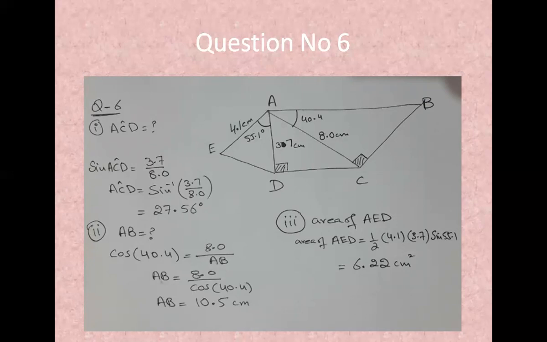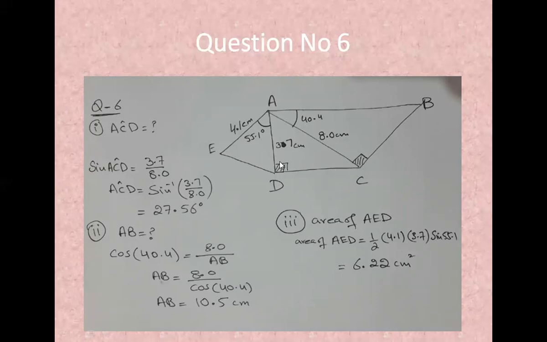The angle CAB is 40.4 degree. AE is 4.1 centimeter. AD is 3.7 centimeter, and AC is 8 centimeter. The first question is find the angle ACD. So they want you to find out this angle ACD.